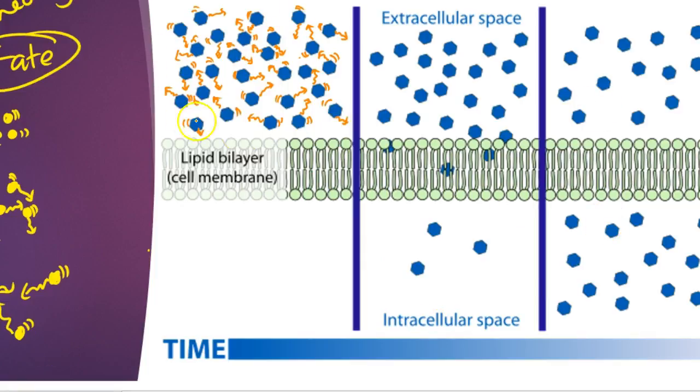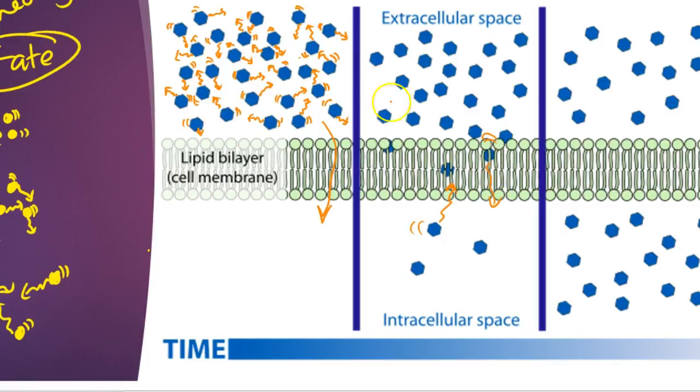Now, because they're all on this side of the membrane to begin with and not on this side of the membrane, most of the movement across the membrane is going to be in this direction because there's nothing here to come back this direction. Once they start to move through, realize that these guys are still bouncing around, and some of them will, yes, go back up that way while some are coming through this way.